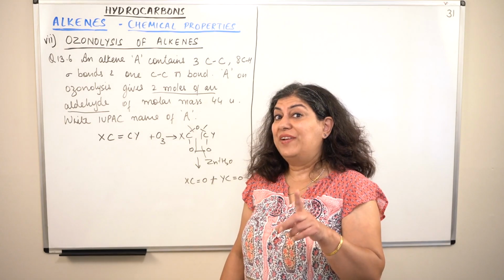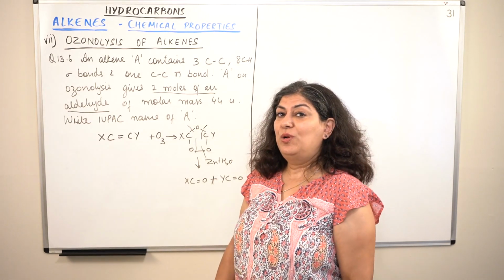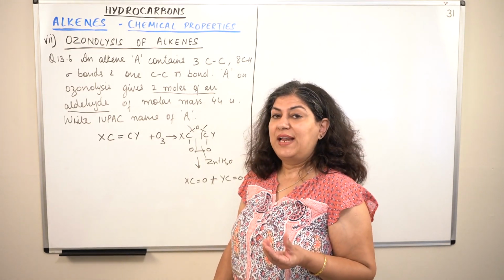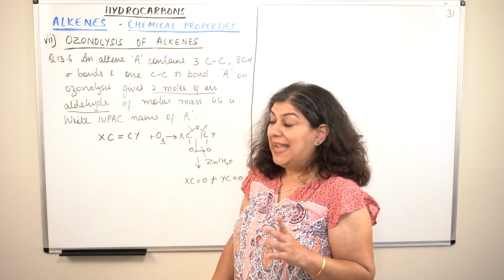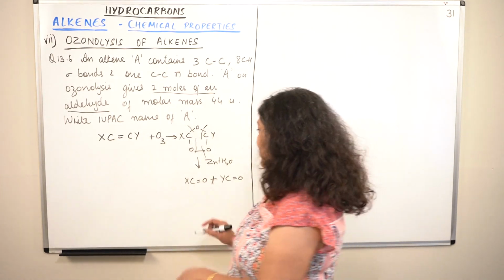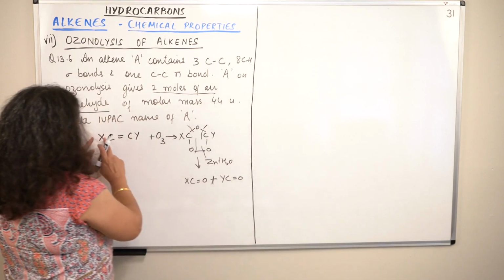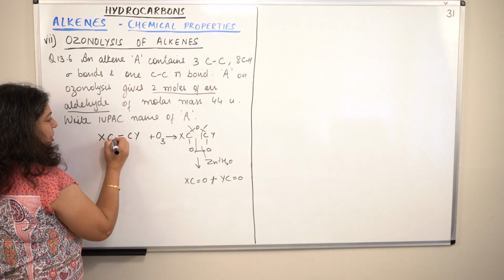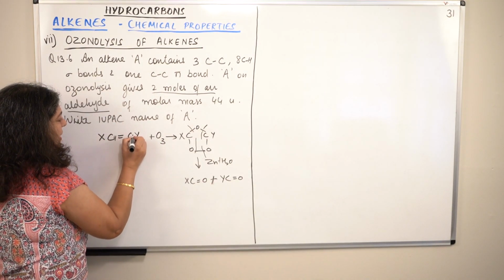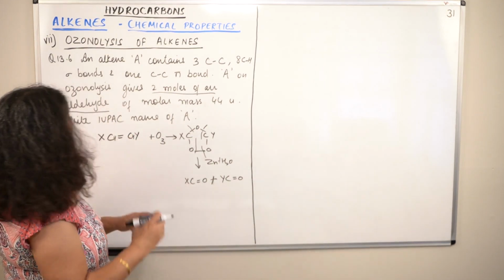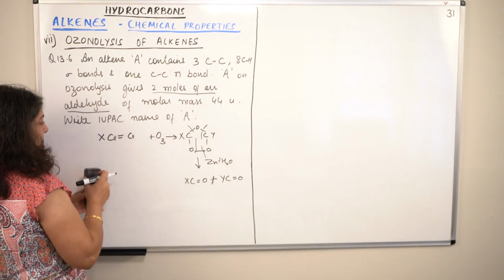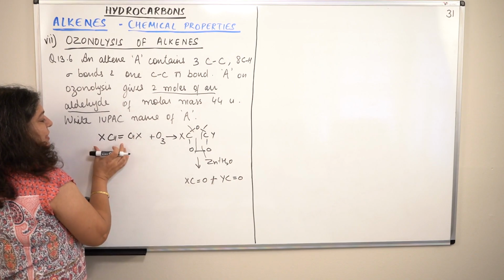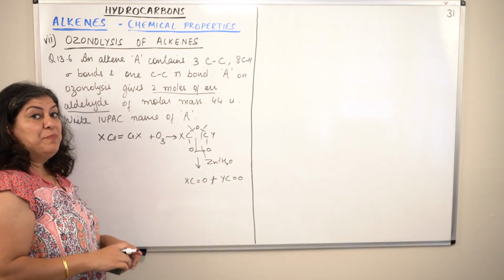What is the functional group of an aldehyde? CHO. It gives you 2 moles of an aldehyde, which means Y is also identical to X because it is giving us 2 moles. Both of these should be the same product.